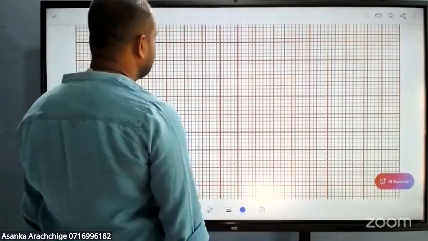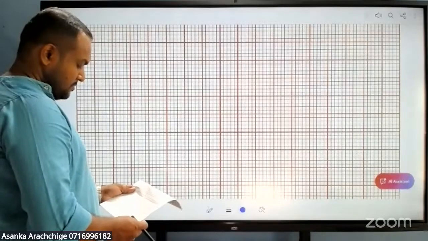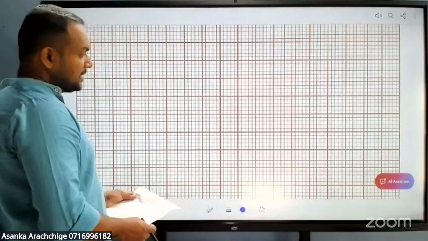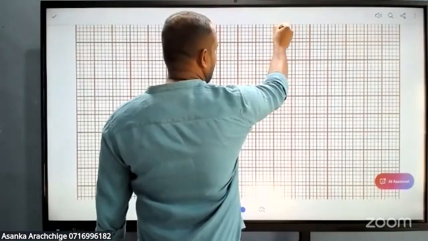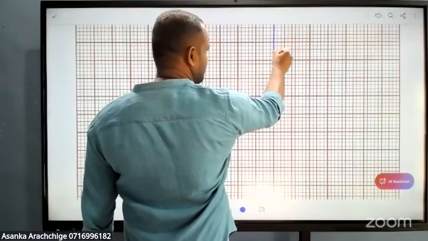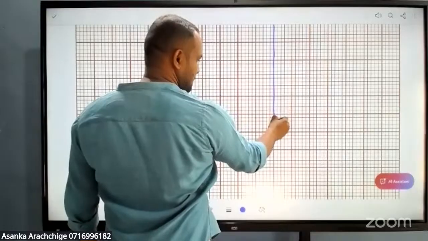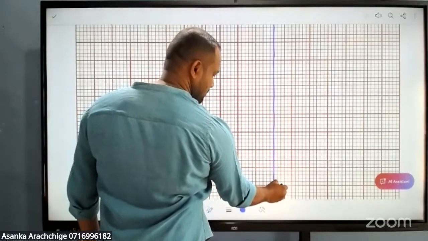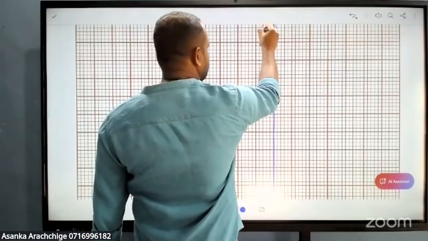The smallest x coordinate is -2. I take the y axis here. This is the y axis, right?